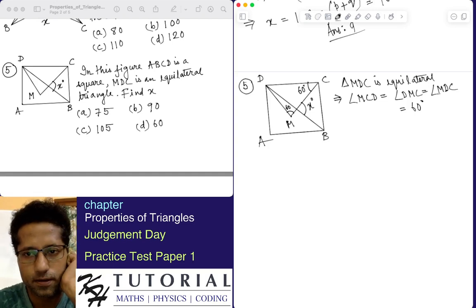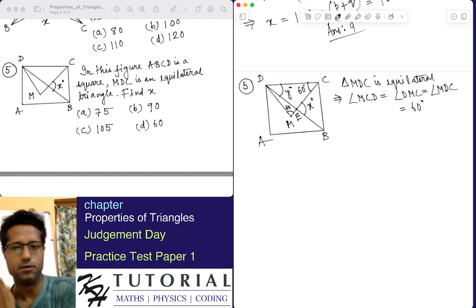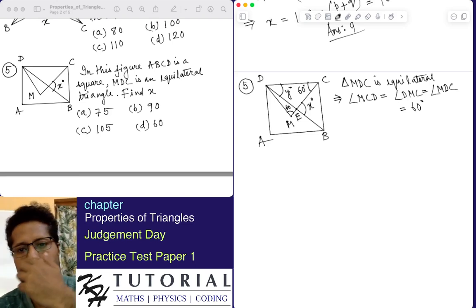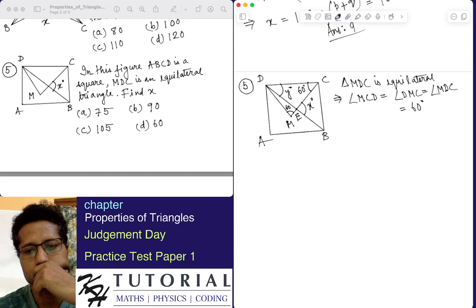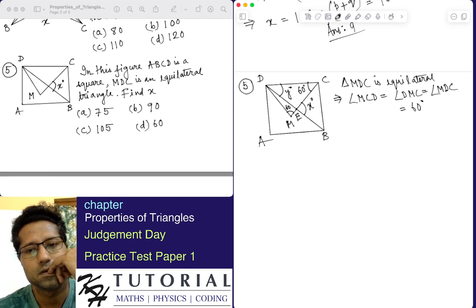Let's say this angle be y degree, and let this point be E, that is where MC and DB are intersecting.